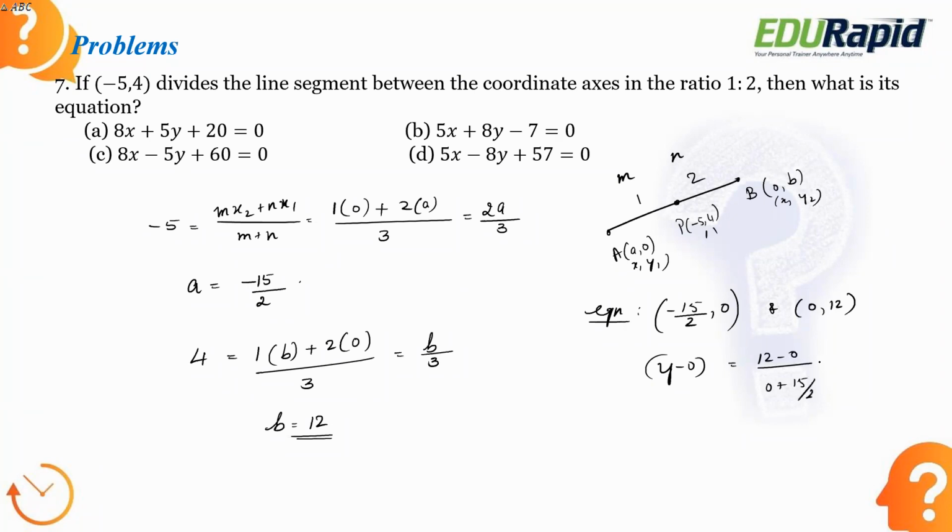0 plus 15 by 2 into x plus 15 by 2. Y minus y1 is equal to y2 minus y1 by x2 minus x1 into x minus x1, this form. Okay. So on solving this whole thing, we'll get y is equal to 12 by 15 by 2 into x plus 15 by 2.